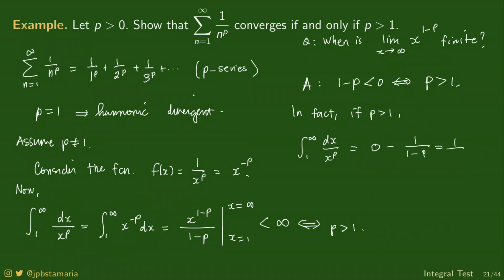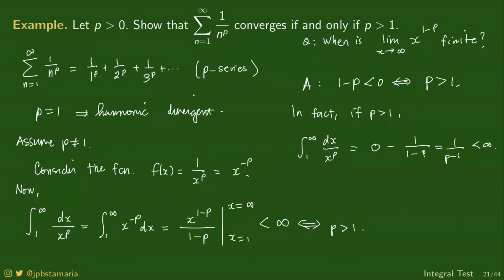So the value is 1 over p minus 1, which is finite. Does 1 over p minus 1 tell us anything? Not really, which is why I don't do it. What matters is that this is finite whenever p is greater than 1. So this infinite series is convergent only when p is greater than 1. Did you understand?